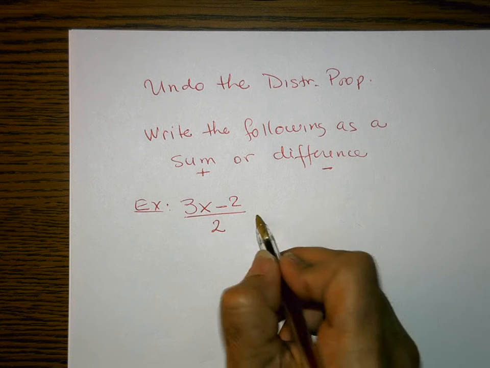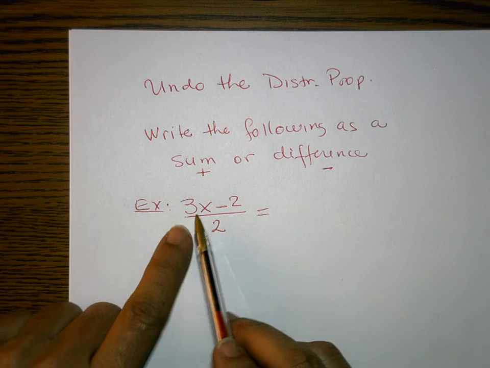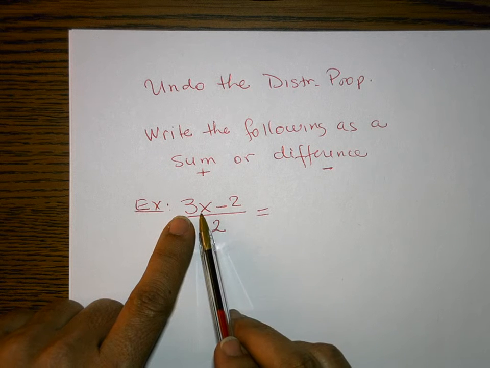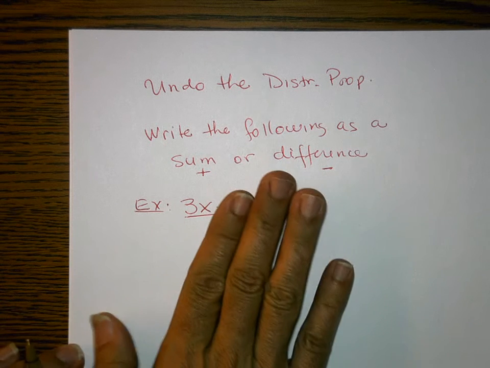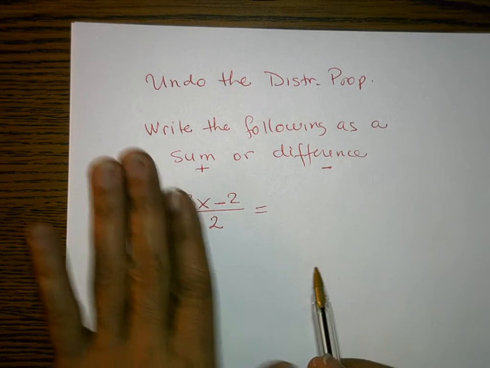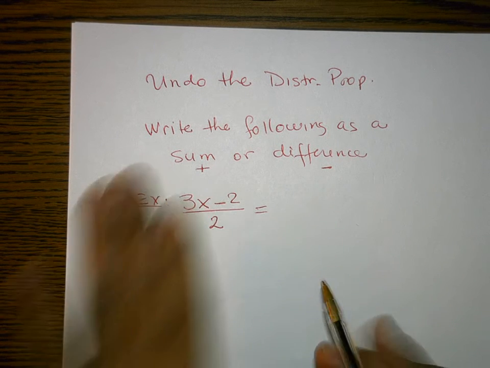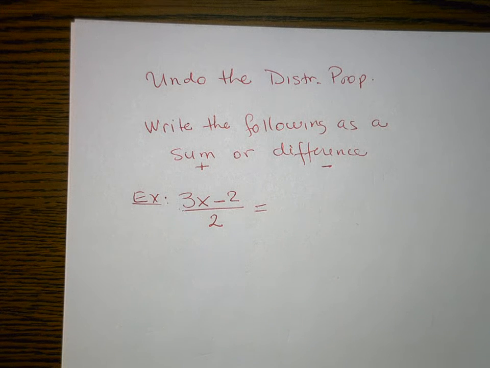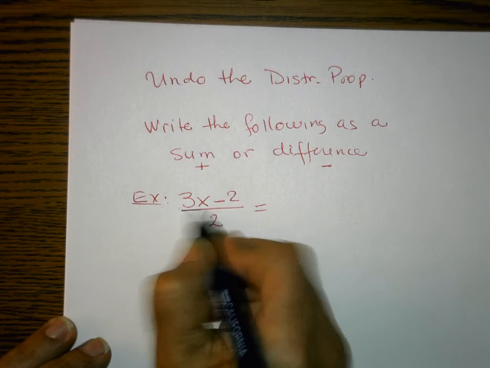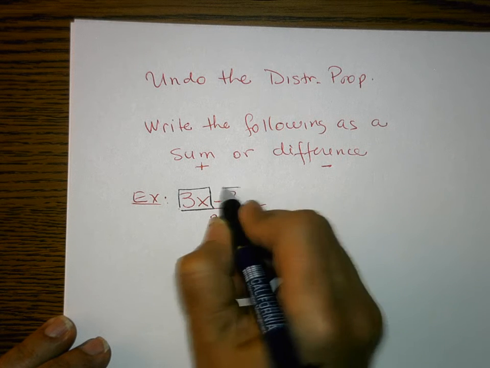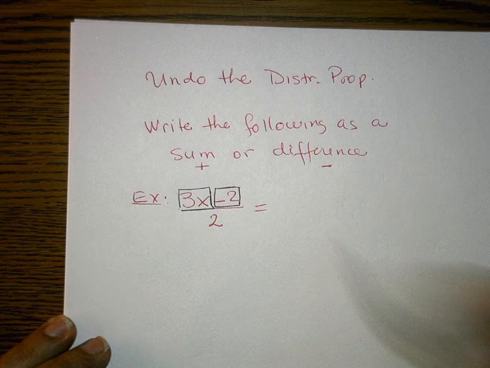So let's see what we can do here. This numerator, there's two items in my numerator. I have the 3x. If I cover it, you see just the 3x. And I also have a negative 2. So I have two items in my numerator. I'm going to use a different color pen here. I have this item in my numerator, and I have this other item in my numerator. I have two of them.